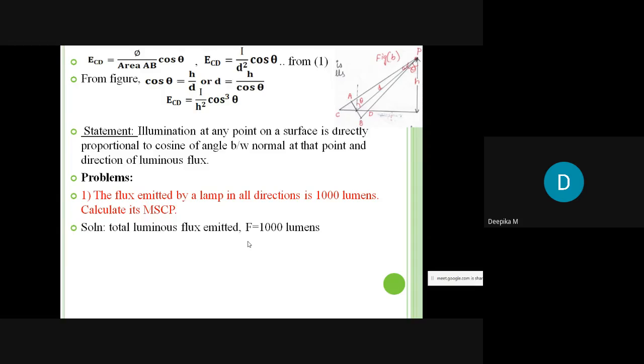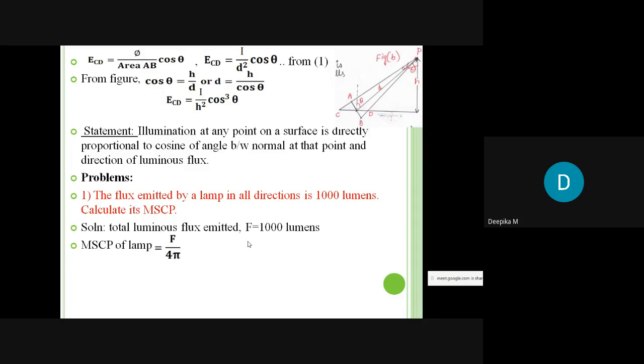So the total flux emitted F is equal to 1000 lumens, and the MSCP of the lamp can be written as F by 4 pi. This is the flux emitted in all directions. This is the formula for the MSCP: mean spherical candle power is flux by 4 pi. 4 pi is nothing but the overall sphere, that is, 360 degrees, correct?